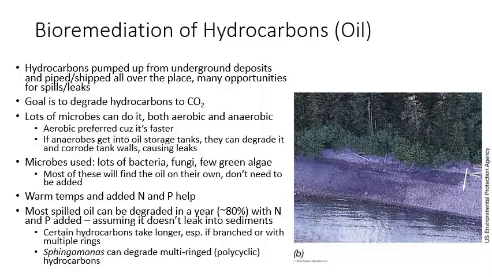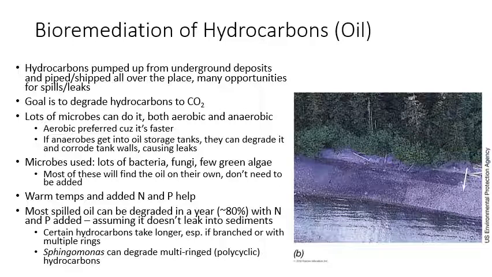Usually anaerobes would be coming into play in kind of a bad way. Sometimes some of these hydrocarbon-metabolizing anaerobes get into places where oil is being stored or pumped, and they will end up degrading the metal walls of whatever tank or pipe they're in, which leads to leaks, of course.